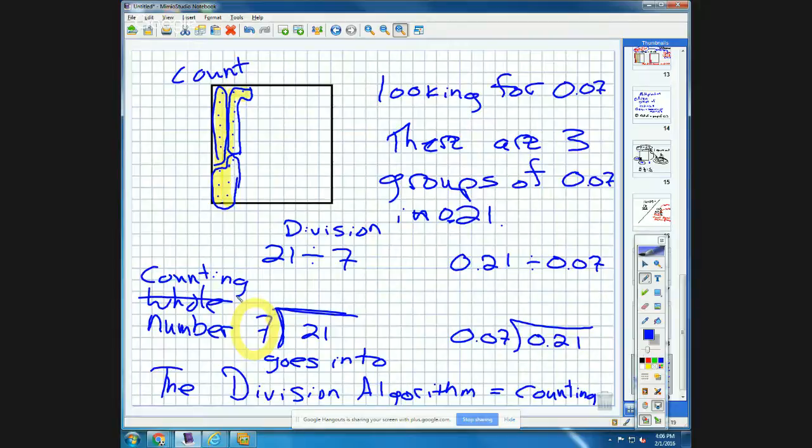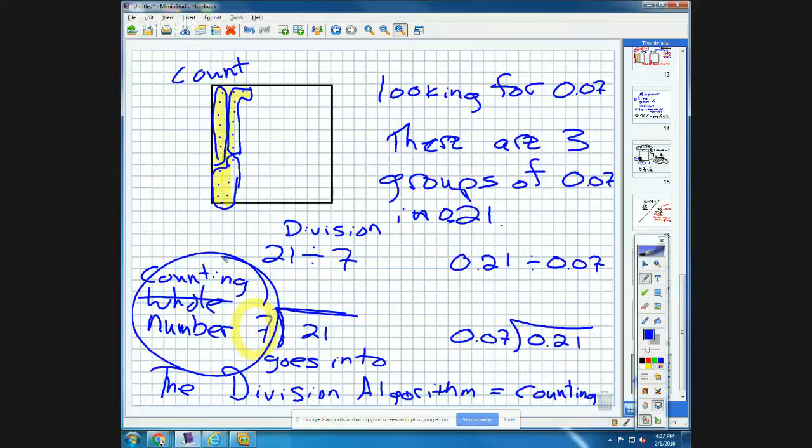But the division algorithm depends on your divisor being a whole number. And so here's the trick on that, which you guys know about. I just want to justify a little bit here. So the division algorithm relies on counting. Counting means we're using whole numbers, so our divisor has to be a whole number. Can you try to count with fractions or decimals?